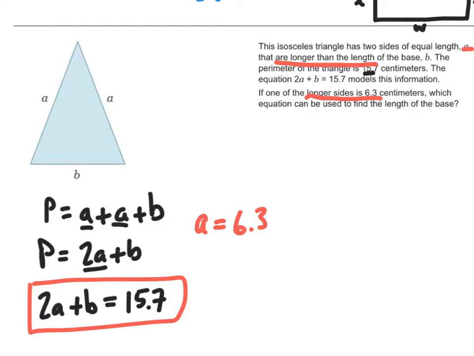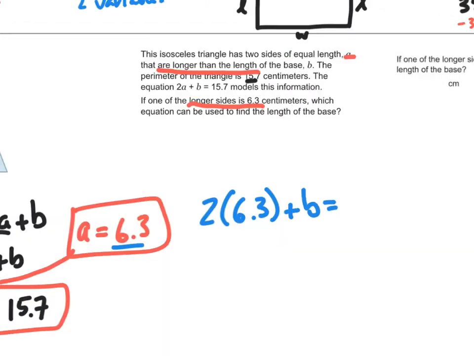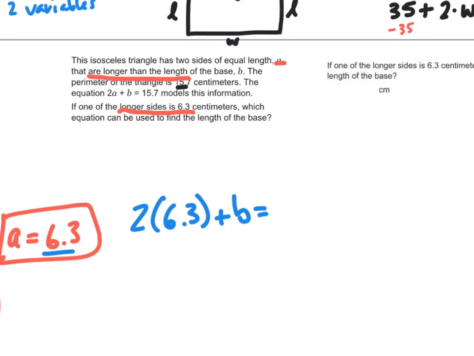It wants us to find B. So what I want to do is take 6.3 and substitute that into this equation for A. So what I would get then is 2 times A, but I don't want to write A. I'm going to write what A is equal to. I'm going to plug in 6.3. All right? Plus B is equal to 15.7.